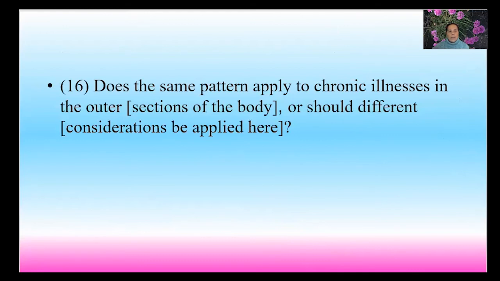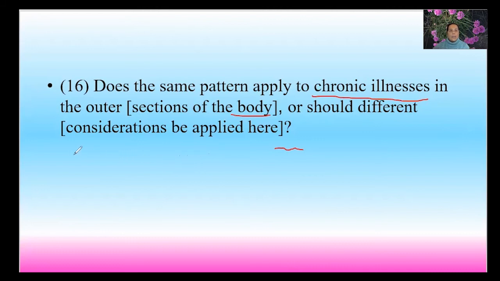Then another question. If the patient has some other part of the body with a chronic problem, can we use the same way to make a diagnosis? So still talking about the pulse's relationship with the illness.